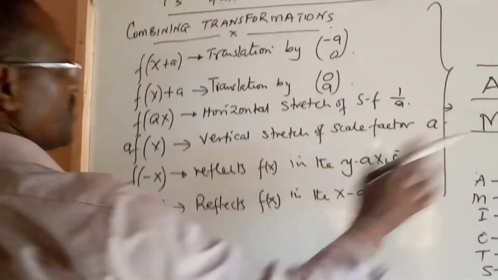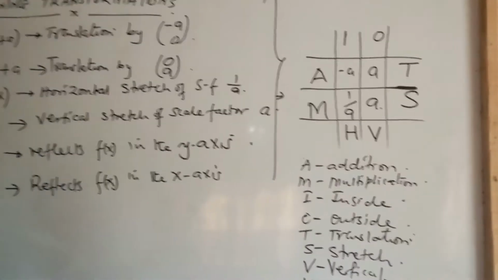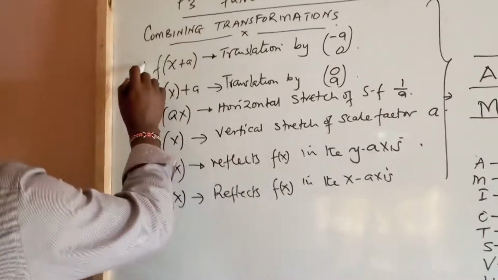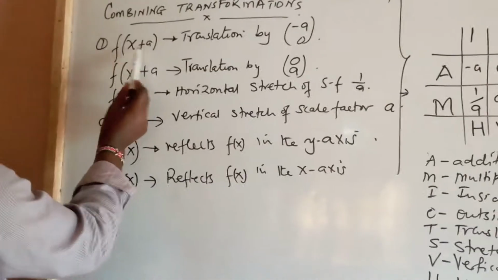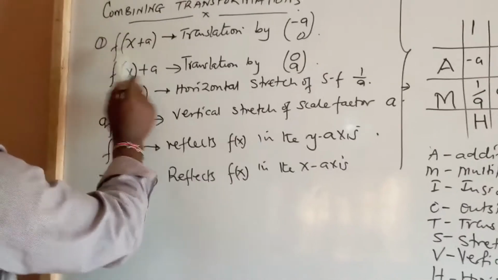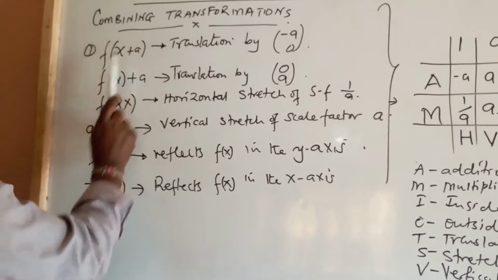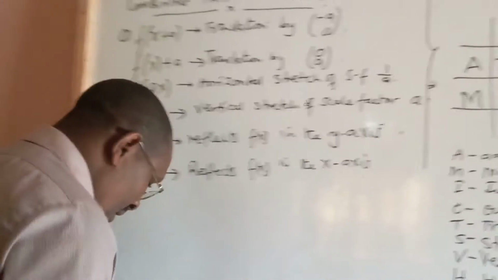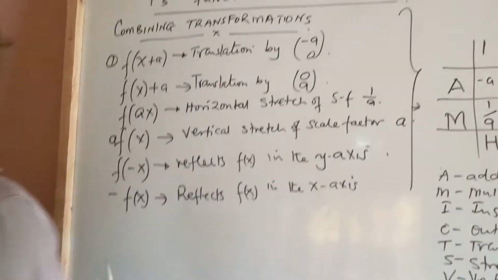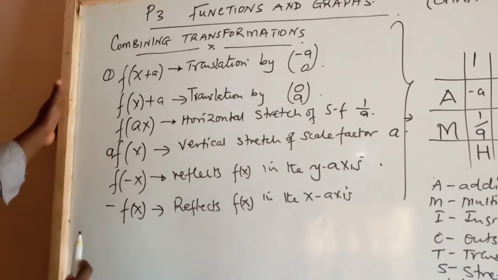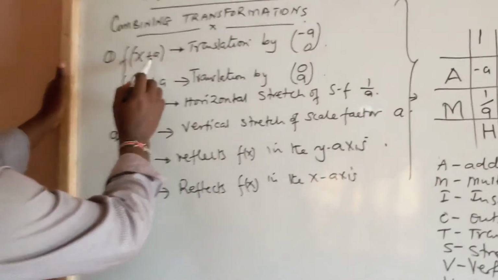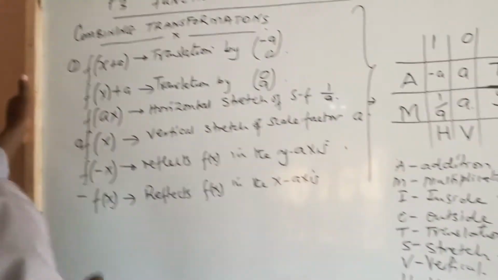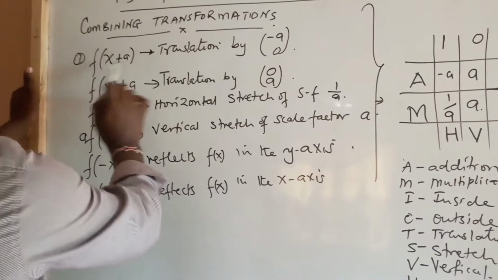So if I may attempt to explain this using this small table, I will get to the first one, and I can see our A is inside the bracket, and this A is added. Addition takes care of both plus or minus. So we're talking about addition inside the bracket.